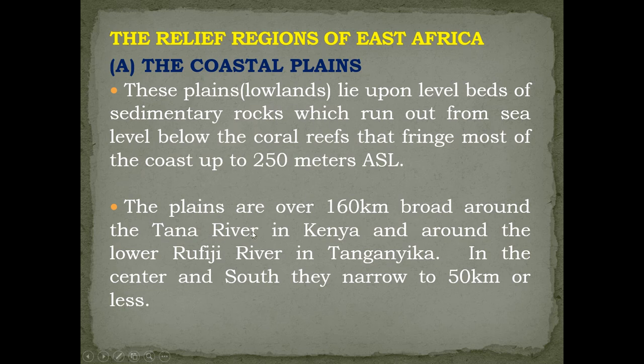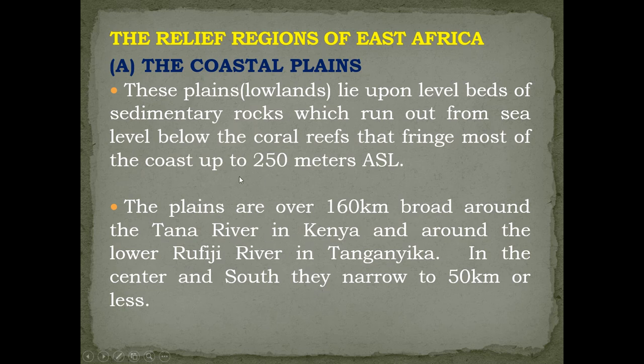Then we've already mentioned a number of rivers, so the next characteristic is that this region is drained by numerous rivers, for example River Tana, River Rufiji, among others. So we can identify characteristics of this region using the introduction that we have given.